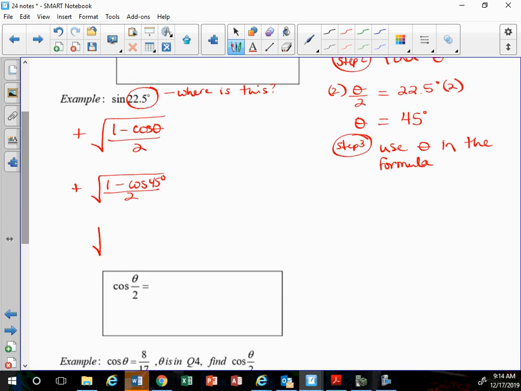So 1 minus, what is the cosine of 45 degrees? Root 2 over 2, good. And then this is still all over 2, all still under the square root. I am running out of room, so I'll go up here.